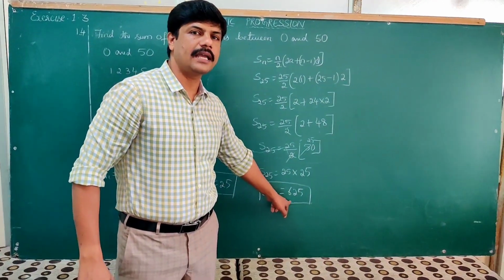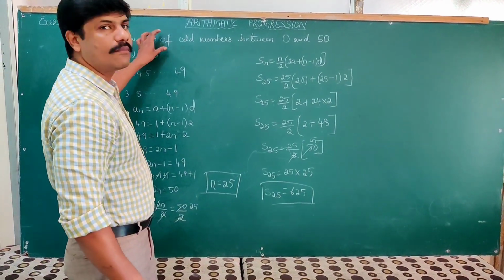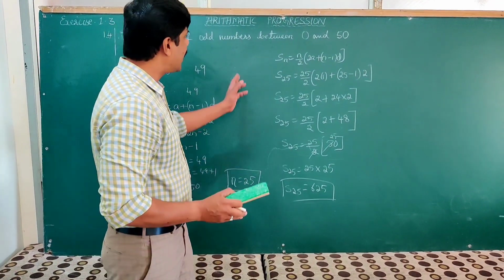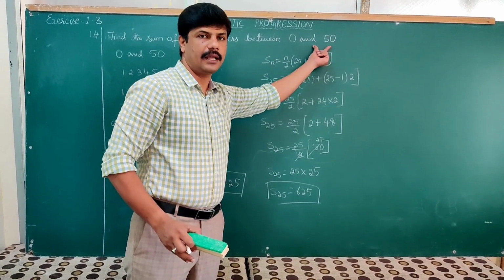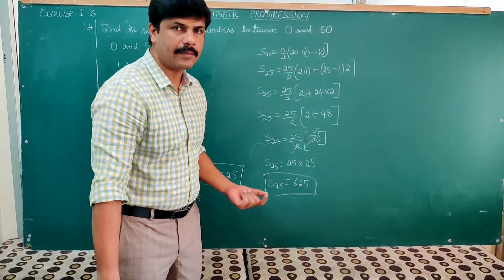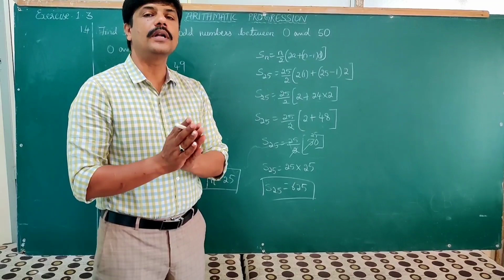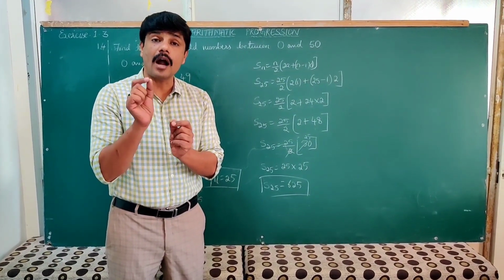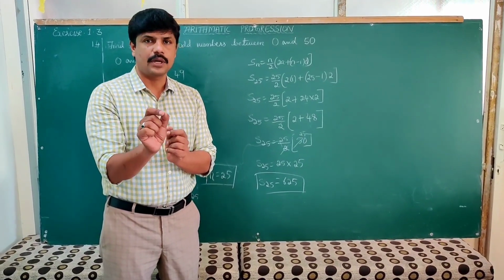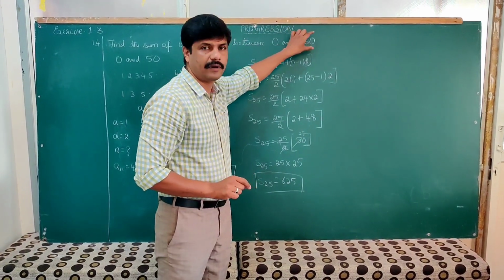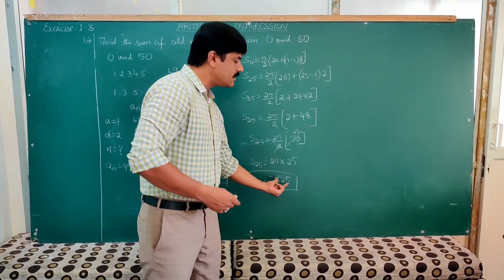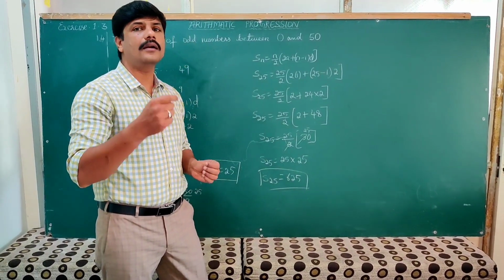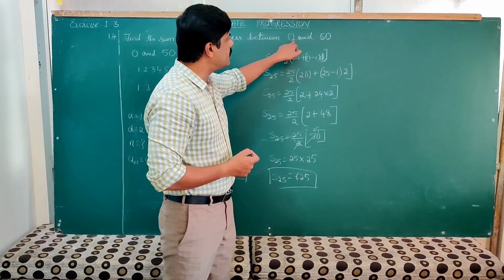This 625 is nothing but the sum of the 25 odd numbers lying between 0 and 50. How did you come to know there are 25 odd terms between 0 and 50? Okay, so their sum is 625.